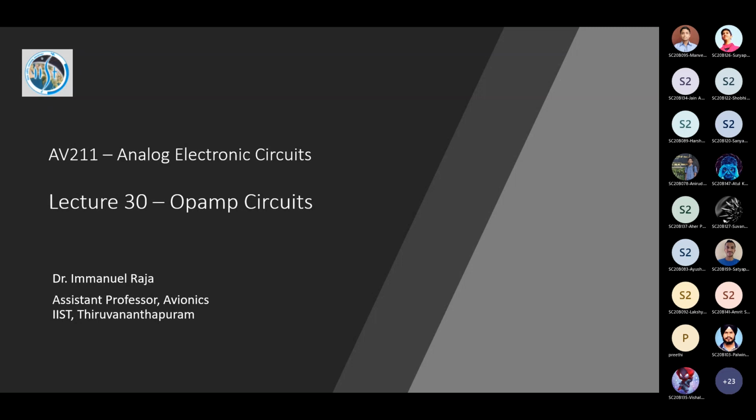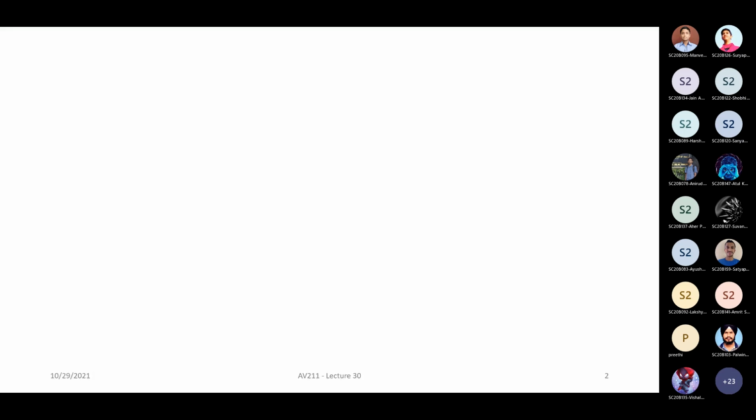But some of these circuits, as we go through them, give us a fairly good idea of the things that we need to look for, how we analyze op-amp based circuits, and how we deal with them.